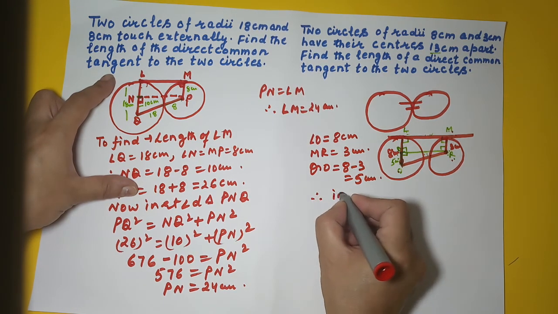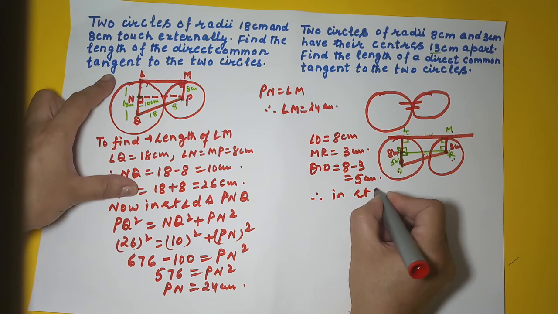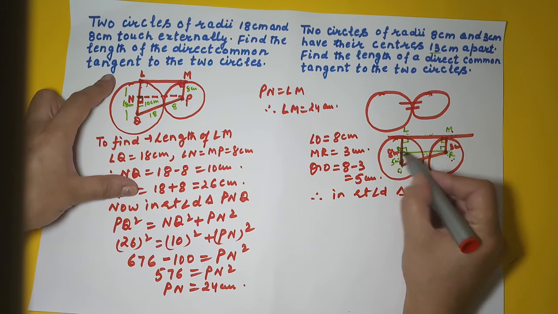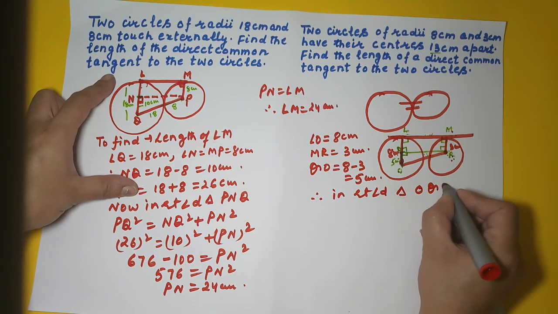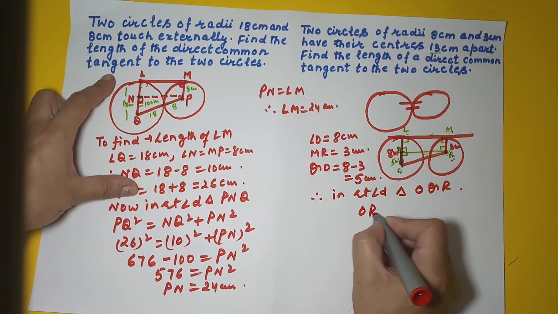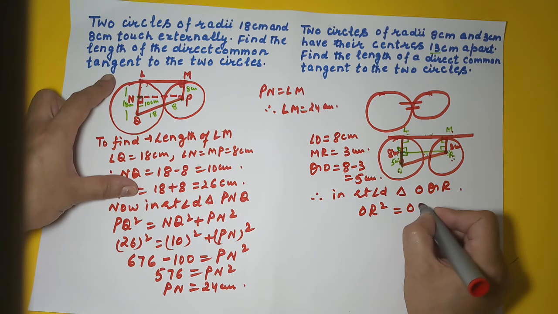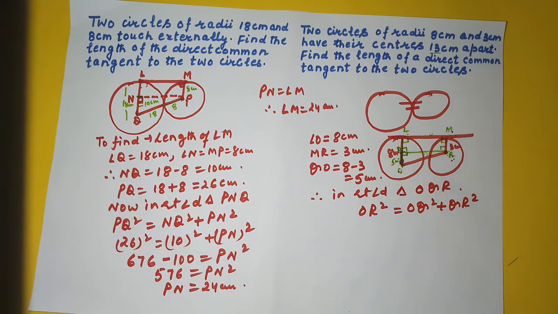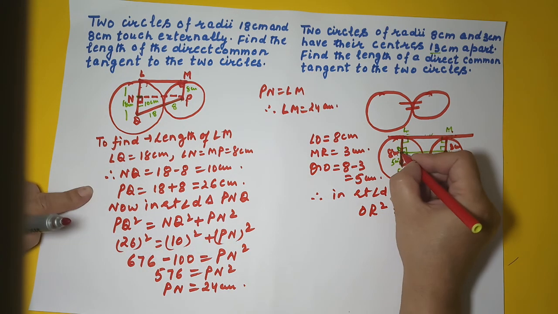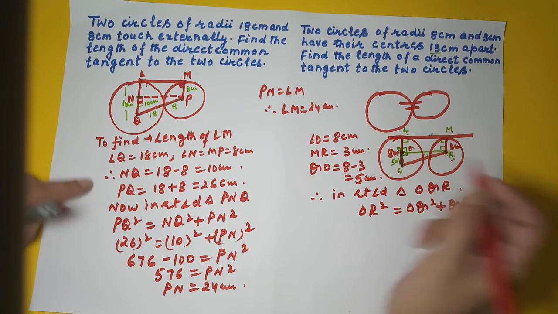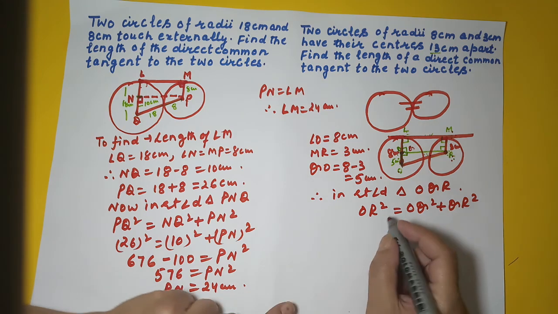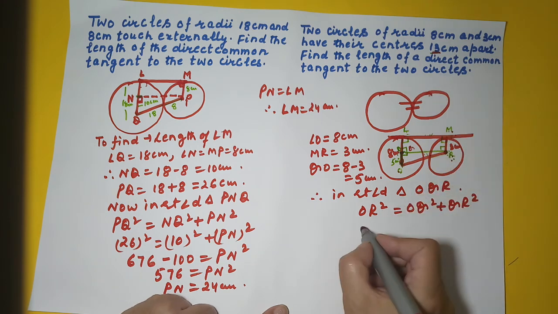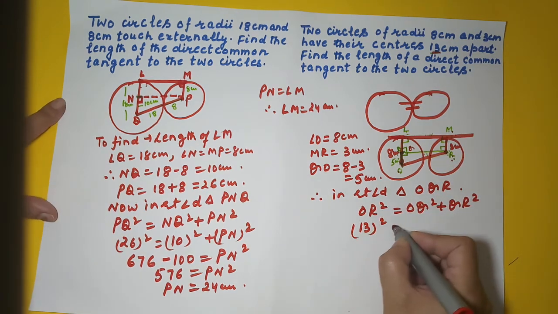Therefore, in right angled triangle OQR, OR square is equal to OQ square plus QR square. Alright, so let's write this. This point is Q. So OR is the distance between the centers, which is given 13 centimeter.